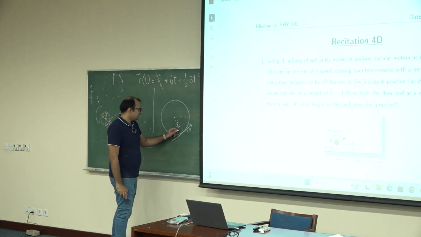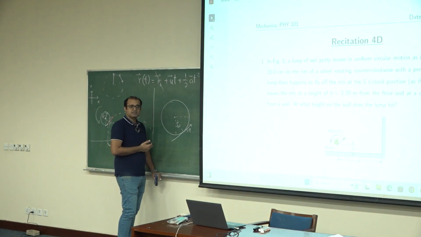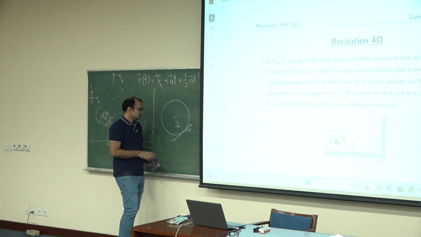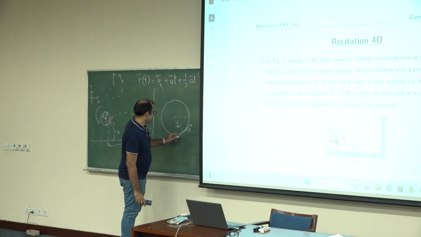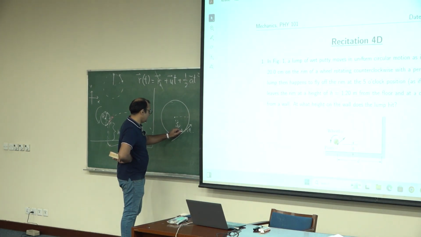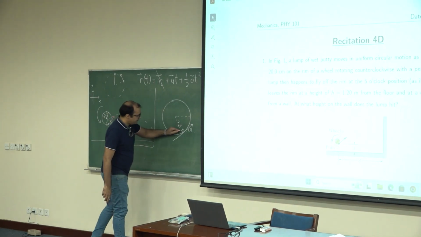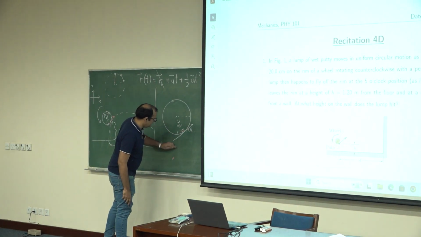If you remember from your basic knowledge of circles, the radius is perpendicular to any tangent that you draw to the circle. If I draw a horizontal from here to here, I end up with this right angle triangle.